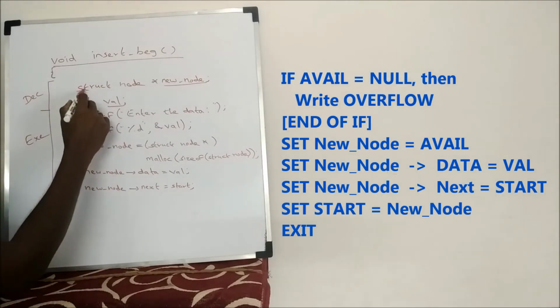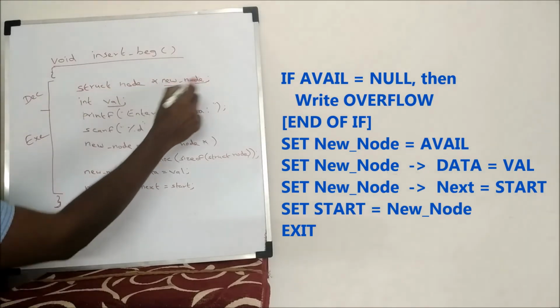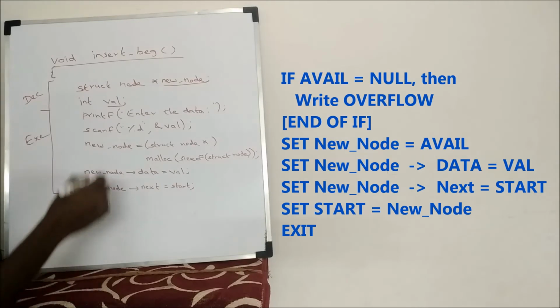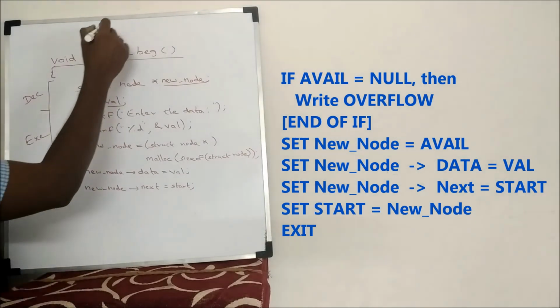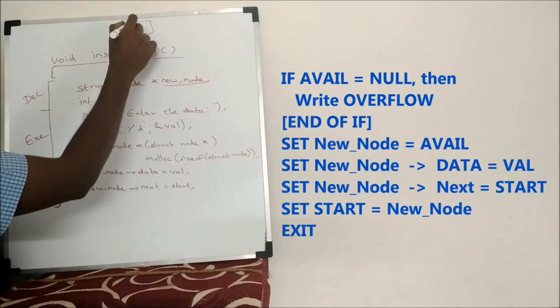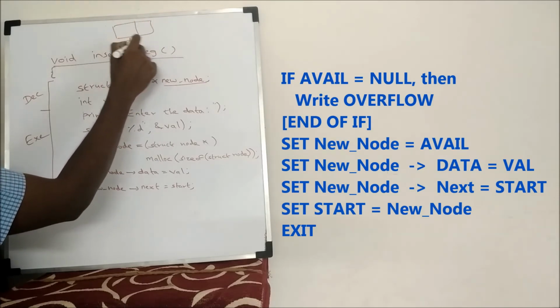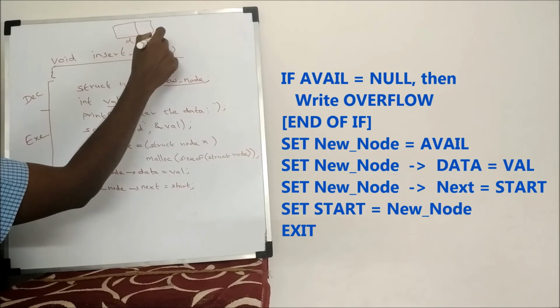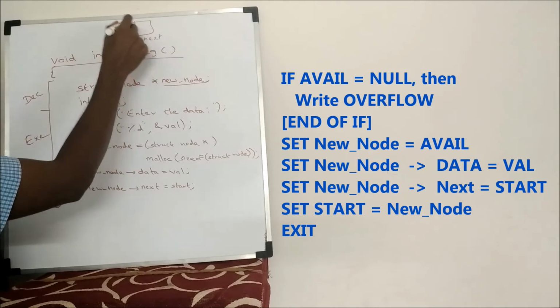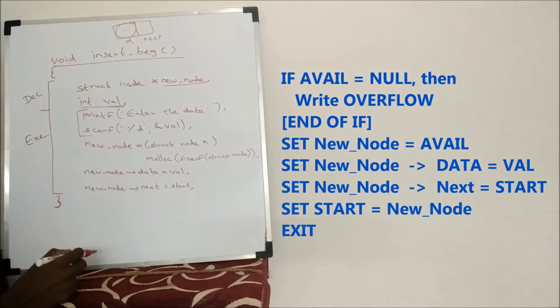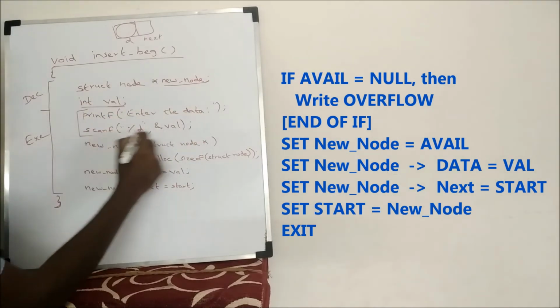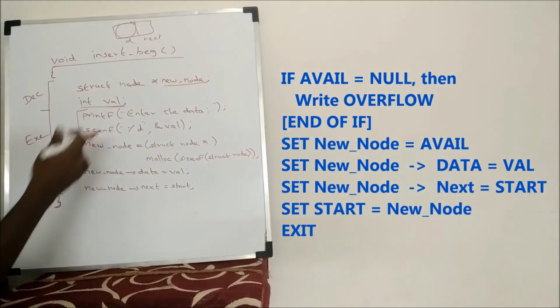So I declare struct node *newnode, and then the value is an integer, because in our program each node consists of one data field and one next field. The data field is an integer. If I want to get the input for this VAL, I have to use these 2 statements, that is, enter the data and get the input by using the scanf statement. These are all very basic.